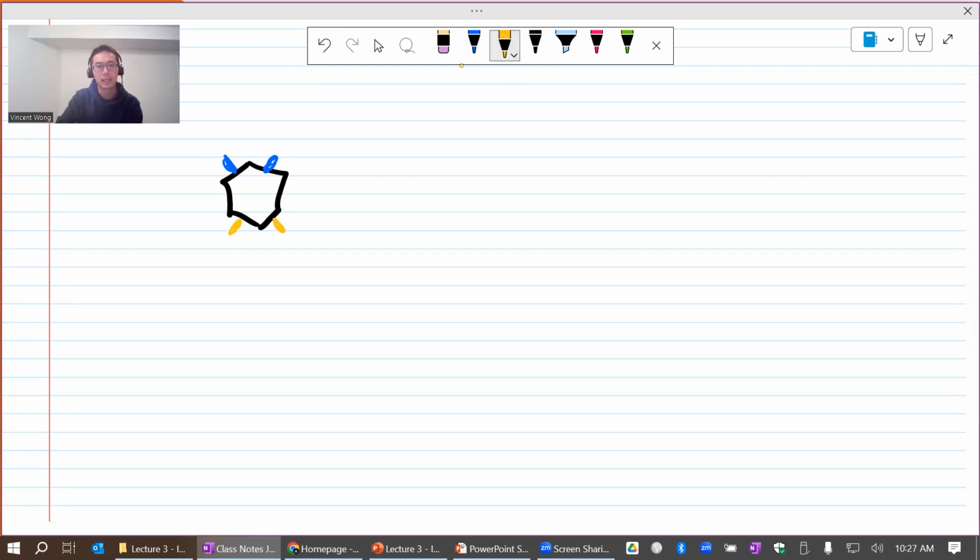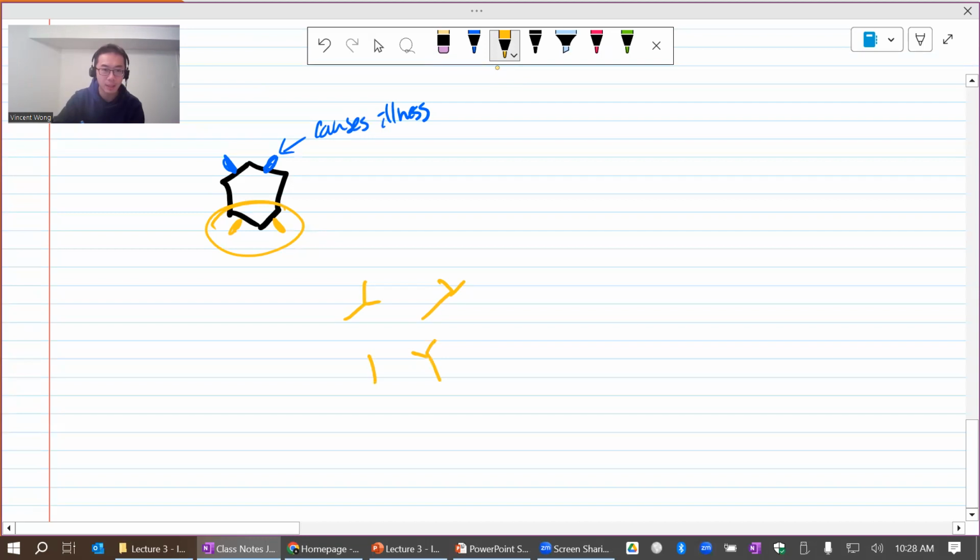Let's say the blue one is the one that causes illness. It is possible to harness only the yellow parts and introduce them into the body. So you will make yellow antibodies, but the yellow part is not the part that caused you to become sick.